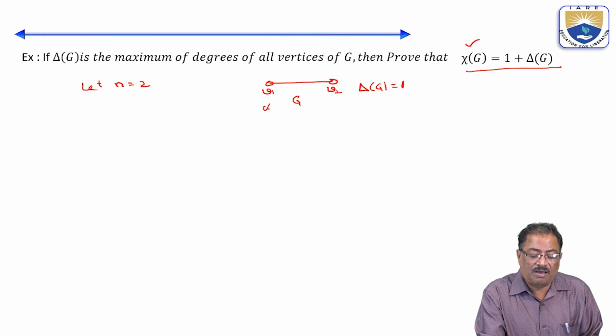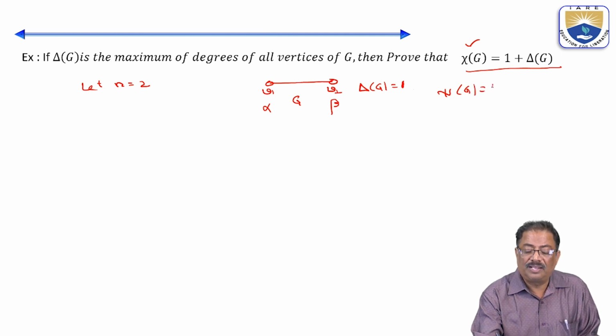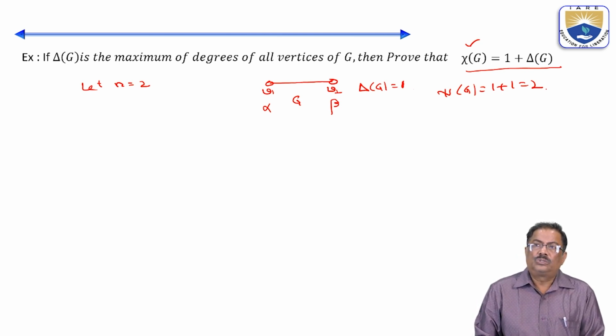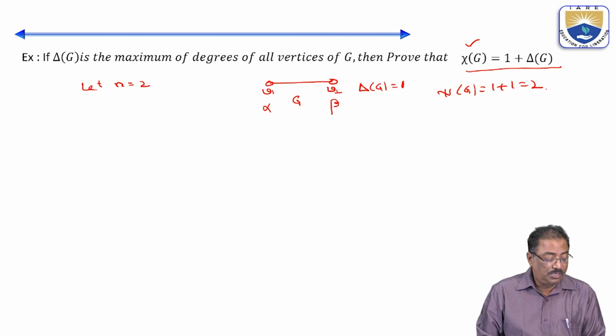If I assign alpha color to one vertex, then definitely I assign beta color to the other. So the chromatic number chi of G is 2, which is nothing but 1 plus 1, equals 2. So we can easily see that whenever n equals 2, the inequality holds.